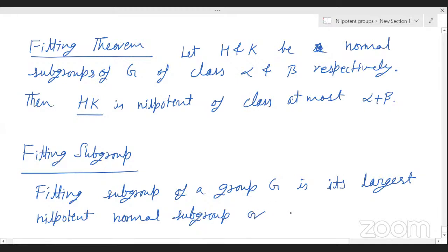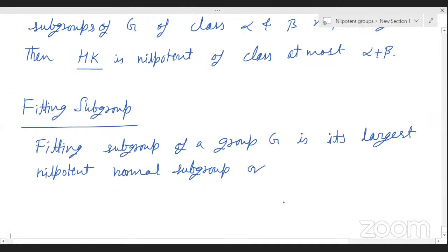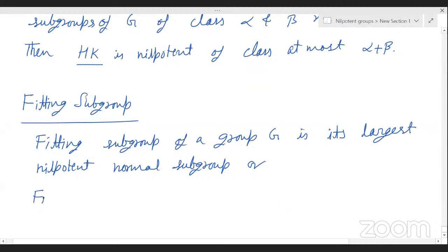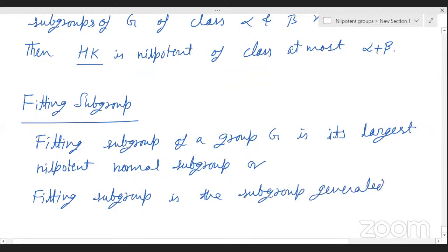Or you may say the Fitting subgroup is the subgroup generated by all the normal nilpotent subgroups of G.